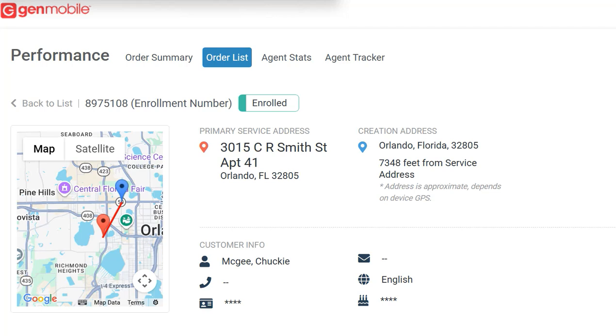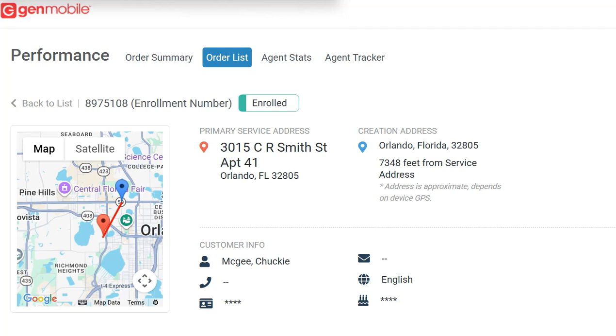Over in the left hand corner, there is a map showing where the customer lives and where Seamus is, the creation address.